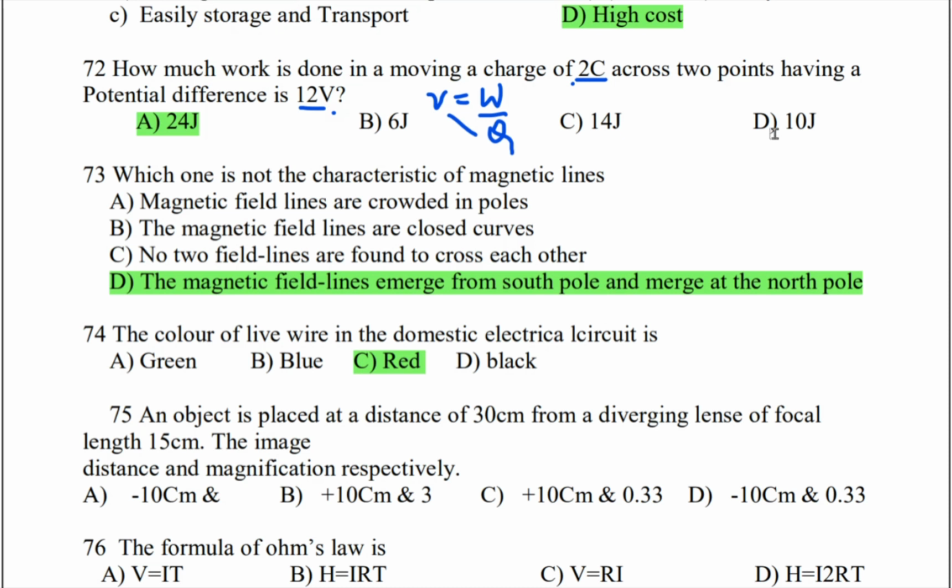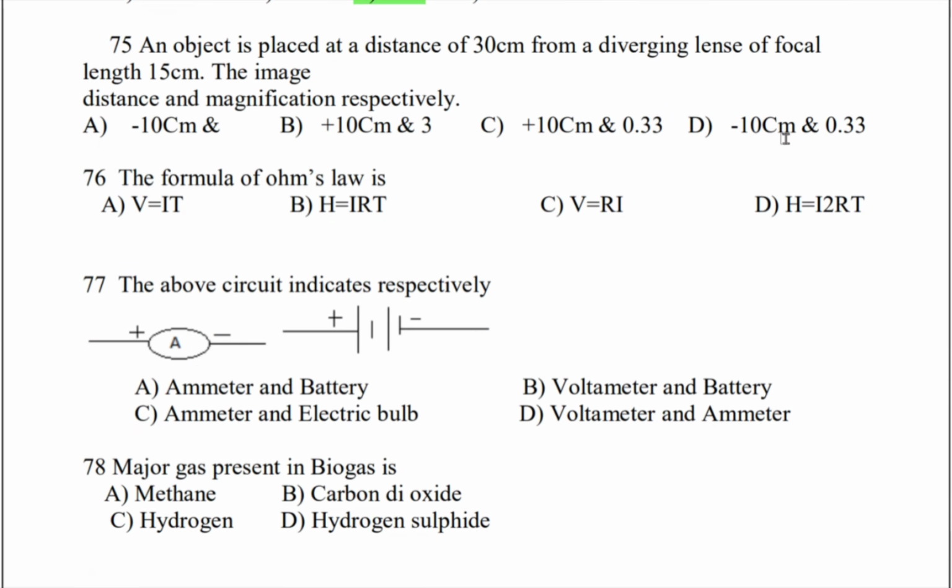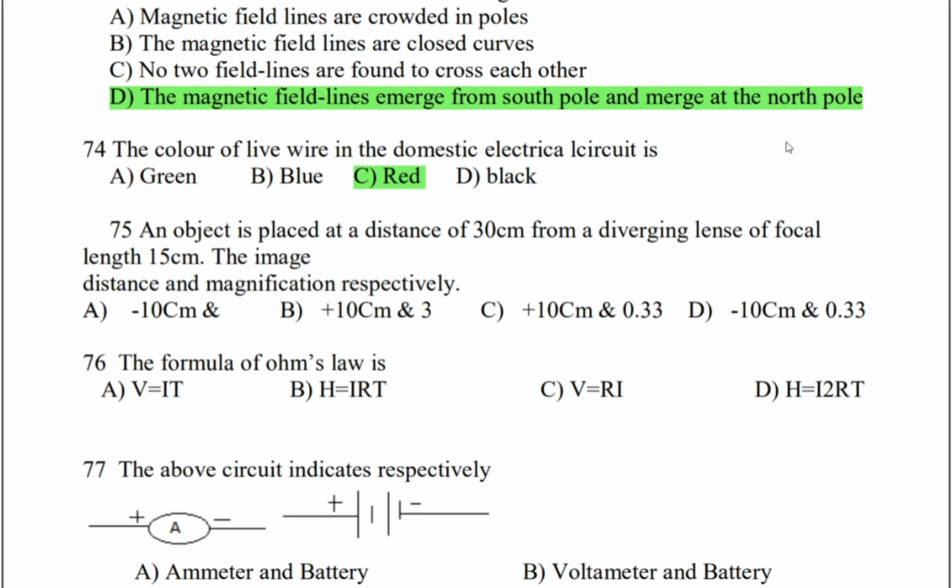The next question. The color of live wire in the domestic circuit. You can check in your home also. The color of live wire is always red. An object is placed at a distance of 30 cm from a diverging lens of focal length 15 cm. The image distance and the magnification is. This problem is a little bit lengthy.